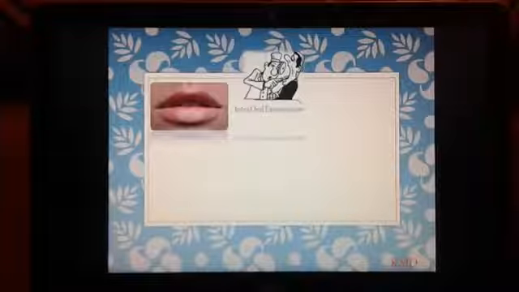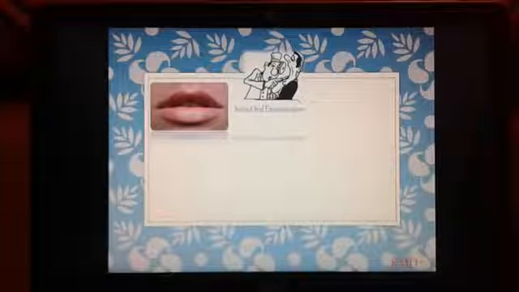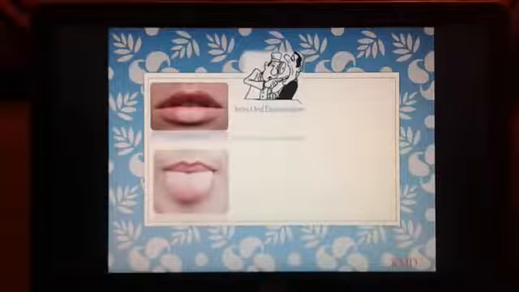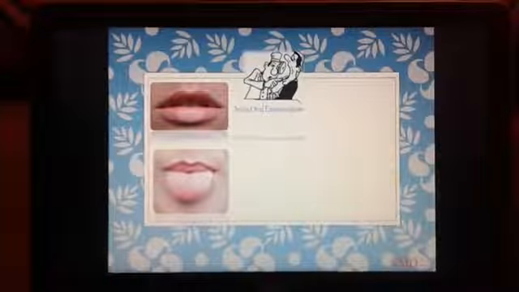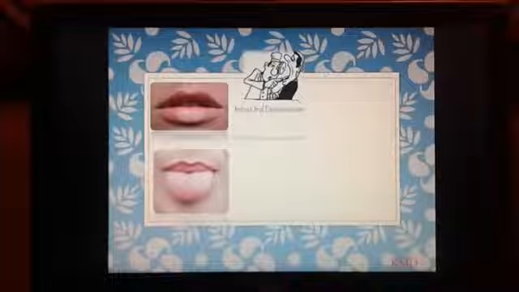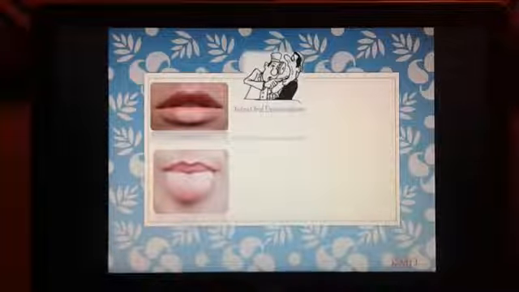The second one is the tongue. Tongue examination is done to check the volume of the tongue, in case it is enlarged.